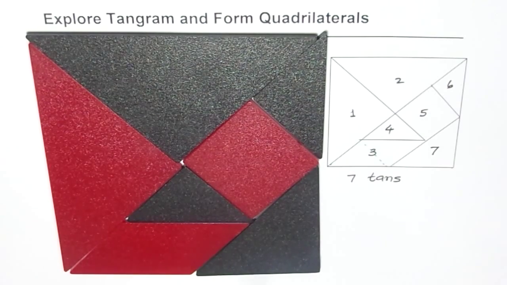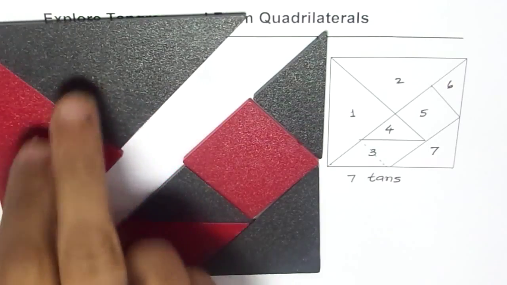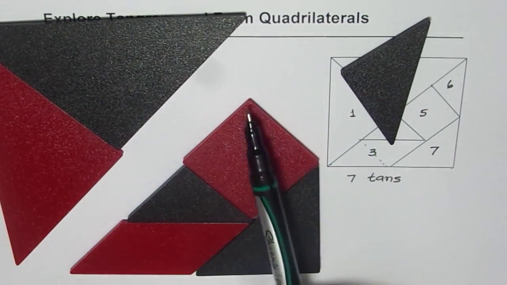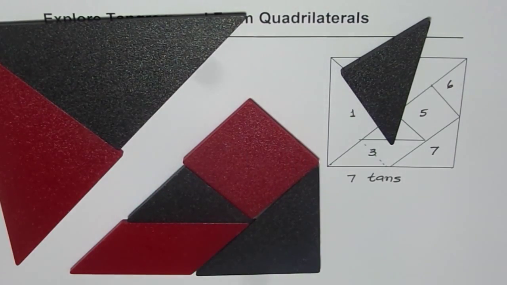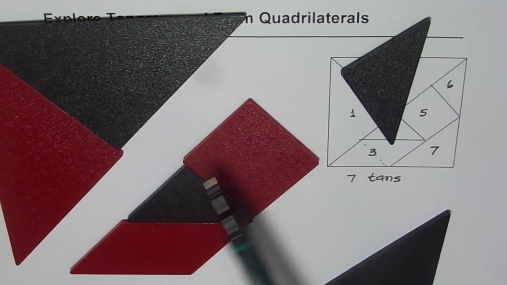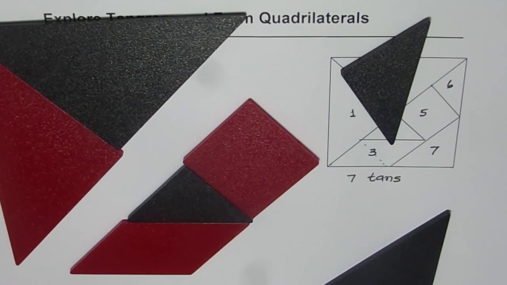Now with this big square, which is a quadrilateral, we can make many quadrilaterals. For example, if I just take away these pieces, this is 1 side, 2 sides, 3 and 4. It is a quadrilateral, right? If I remove this, even then we have a quadrilateral with 4 sides. Do you see that?